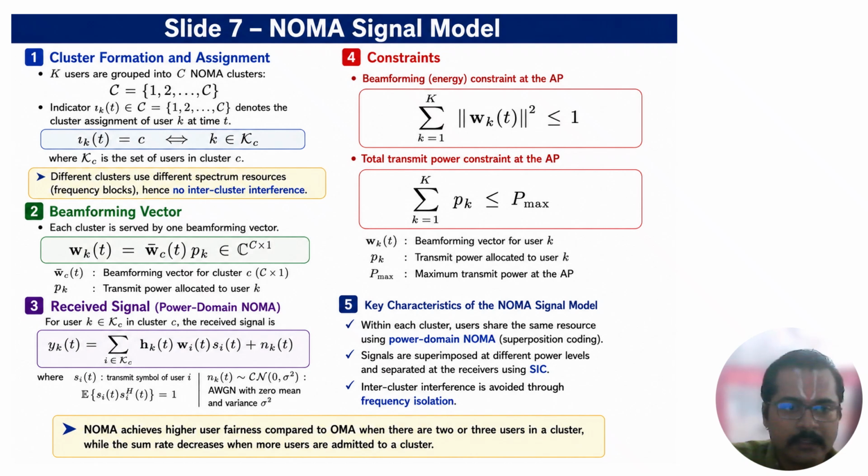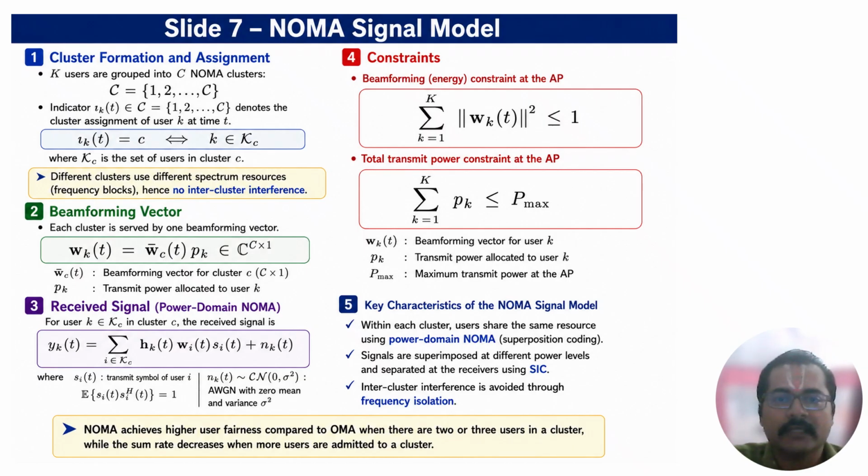Here the signal power is normalized. H is the conjugate transpose, Hermitian. Noise is additive white Gaussian noise with zero mean and variance.